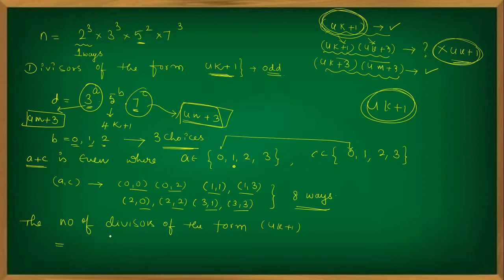For B we have 3 choices, and for A comma C together we have 8 choices. So totally 8 times 3 is 24. So you will have 24 divisors for this number n which are of the form 4k plus 1.